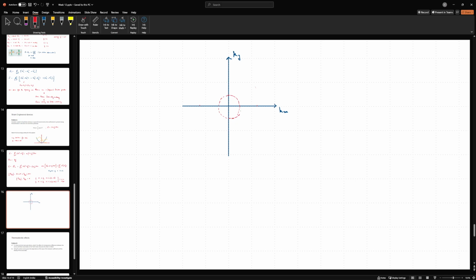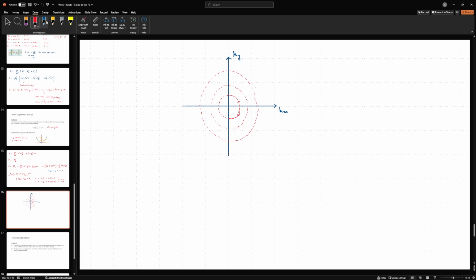And then I will have another circle concentric to that. And then similarly, I will have another bigger circle concentric to that. So it's going to be a sequence of concentric circles.